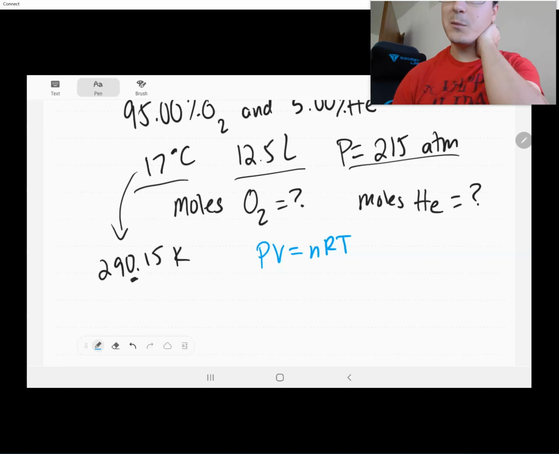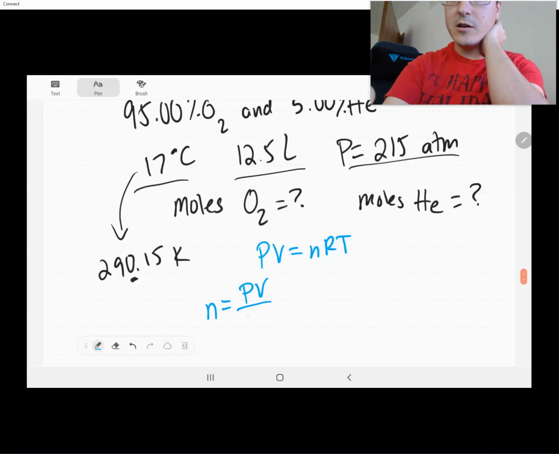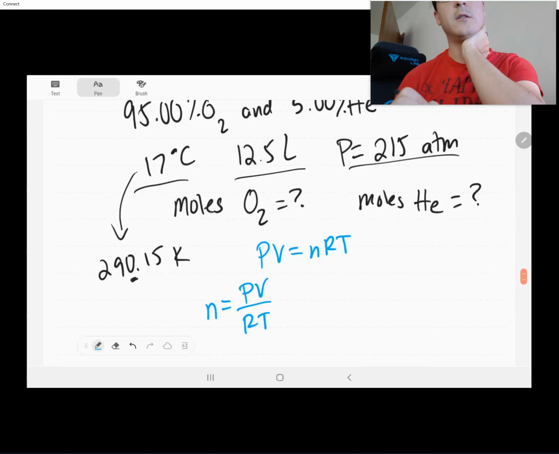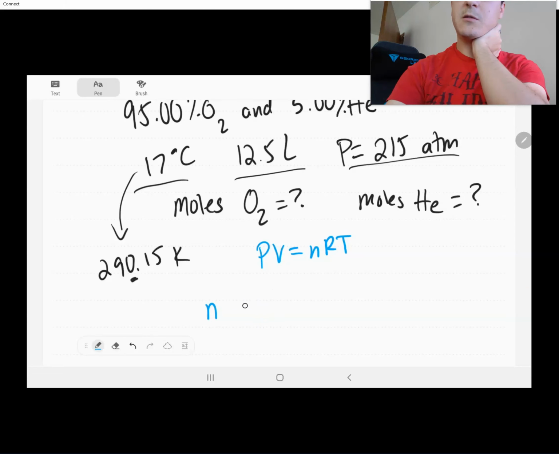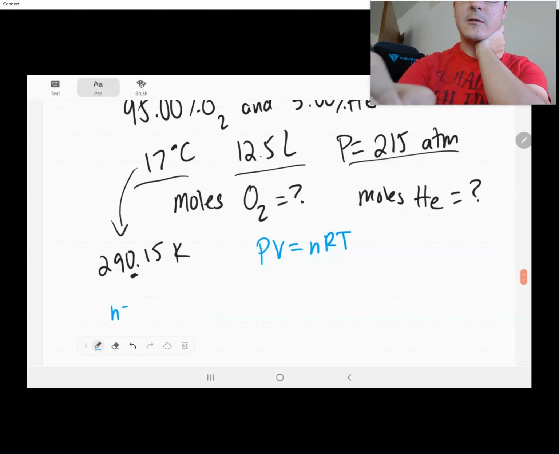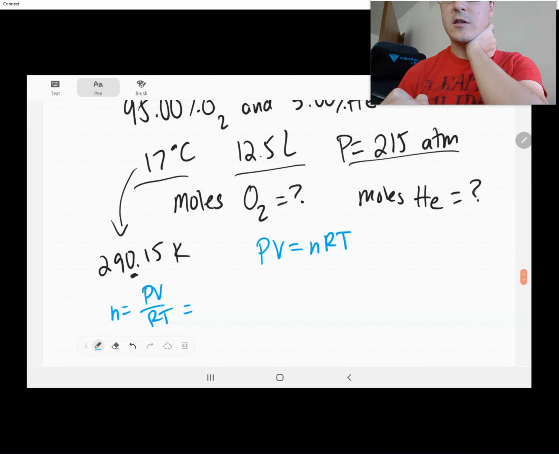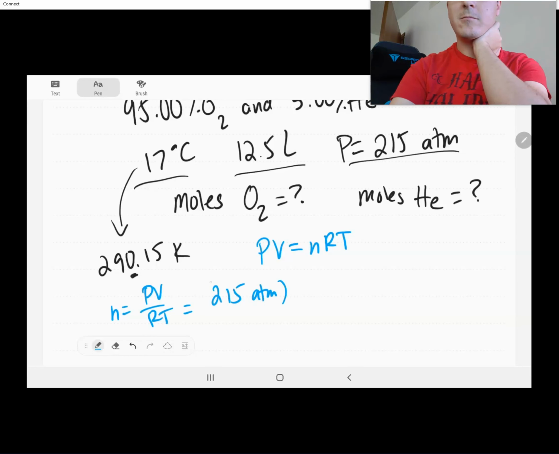So if we're finding moles, that means moles is PV over RT, which I realize again I need to be writing further to the left so that I have room. So the pressure, what's that going to be? I guess I've already written P equals 215, so I'll write that in. What's the volume?